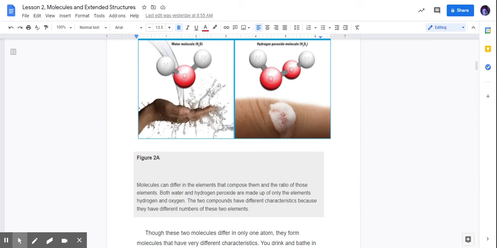Below it, it says molecules can differ in the elements that compose them and the ratio of those elements. Both water and hydrogen peroxide are made up of only the elements hydrogen and oxygen. The 2 compounds have different characteristics because they have different numbers of these 2 elements.